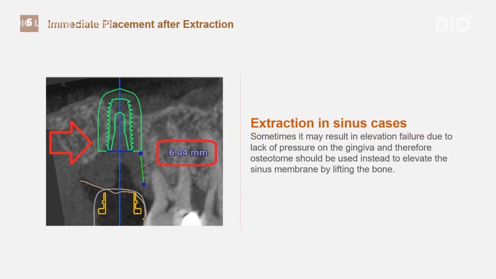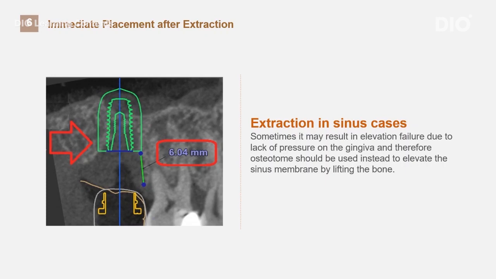Although it may vary from case to case, in cases where the maxillary sinus lift is required in the maxillary posterior tooth extraction case, the hydraulic lift may not be possible during the DIOnavi procedure. The head of the extracted tooth, the crown part, may be large, so that the pressure of the membrane tube may not be applied to the gums, or the saline may leak between the extracted roots, so the sinus membrane may not be lifted.